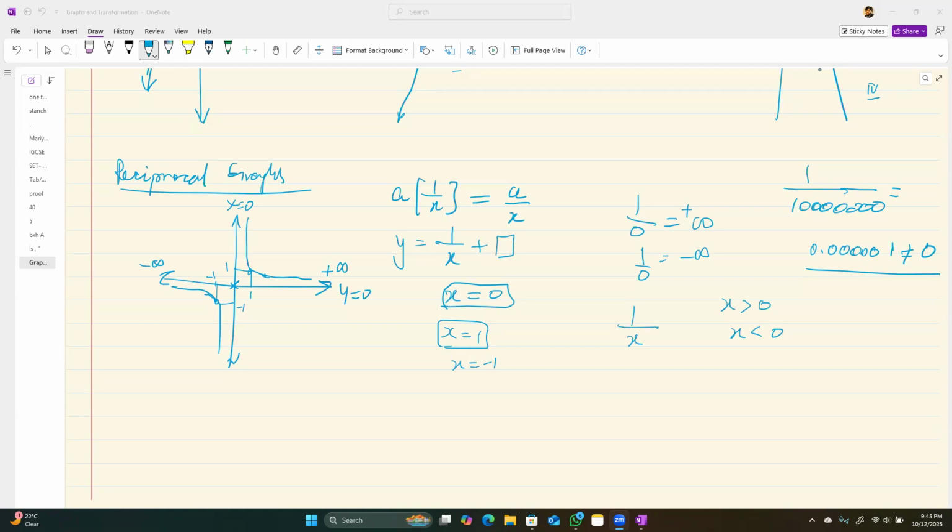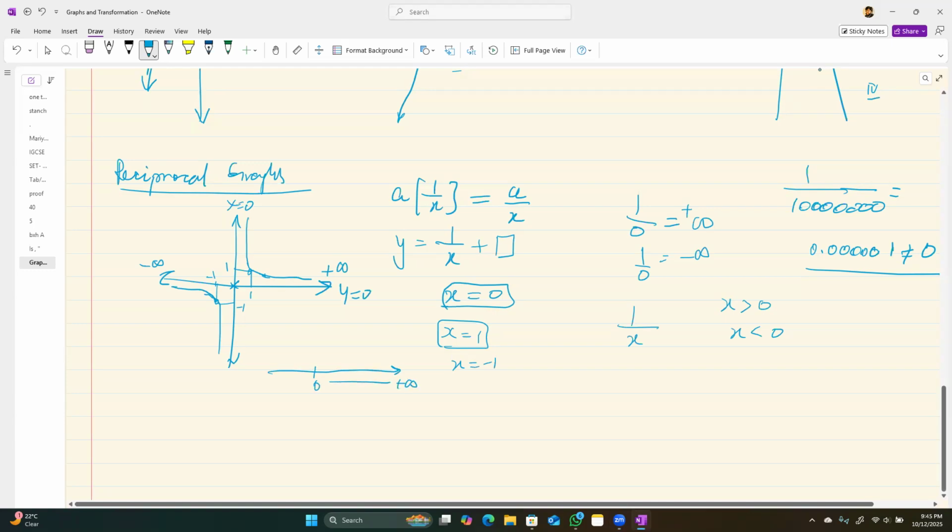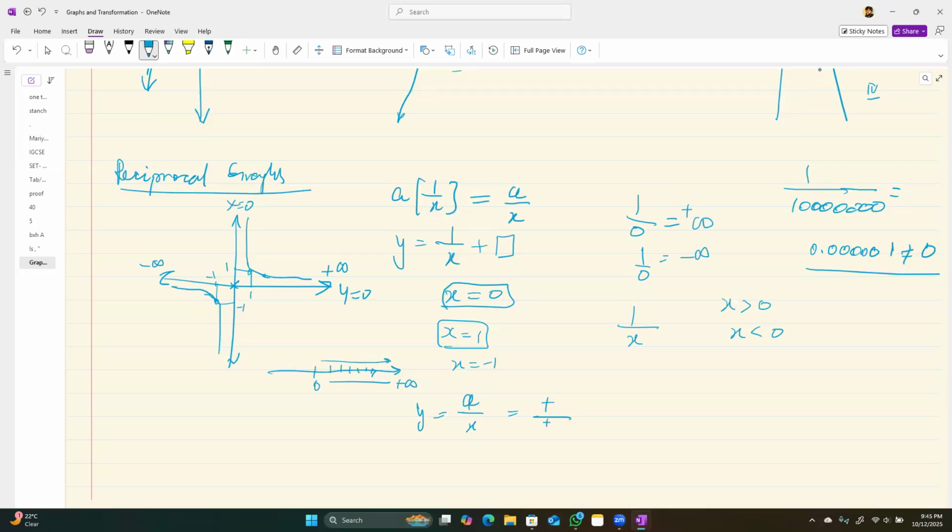Similarly, for all the values on the number line from 0 towards positive infinity, if I add any value to 1 over x, and my coefficient A is also positive, then the result is always positive. That is the reason this graph remains in this quadrant, because all results for x and y are always going to be positive.